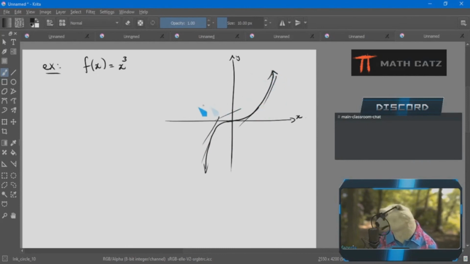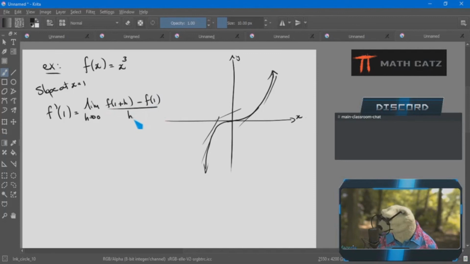Sure, I can go and pick a specific x value, plug in the limit definition, and say, for example, let's say I want to know the slope at x equal to 1. Well, that is the derivative at 1. I set up my limit definition, f of 1 plus h minus f of 1 over h equals.